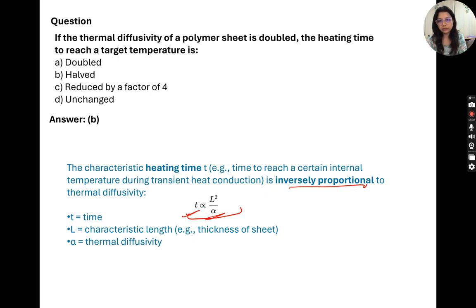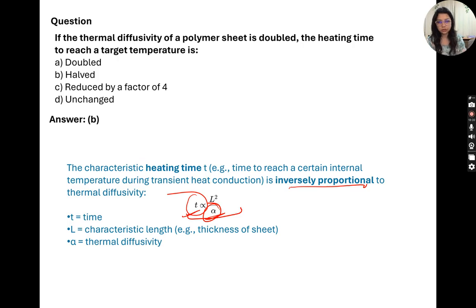If alpha gets doubled, t will automatically be half. So it's not a typical question, it's an easy one. I hope this is clear to everyone.